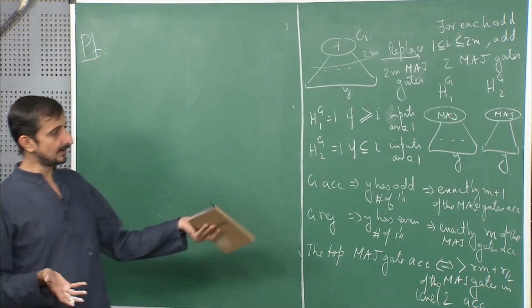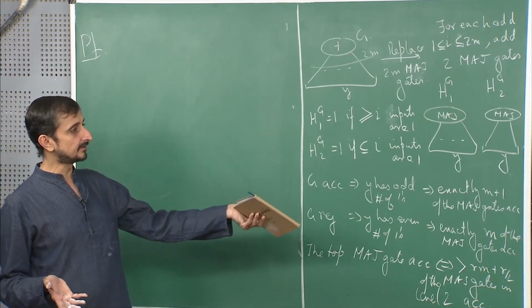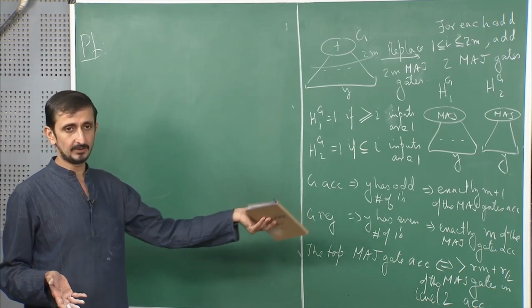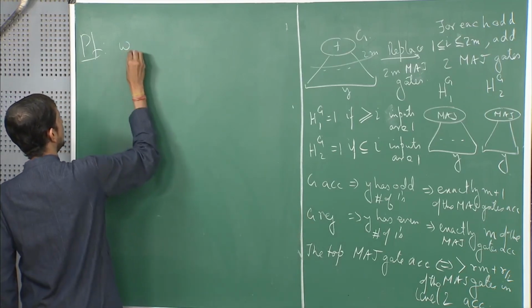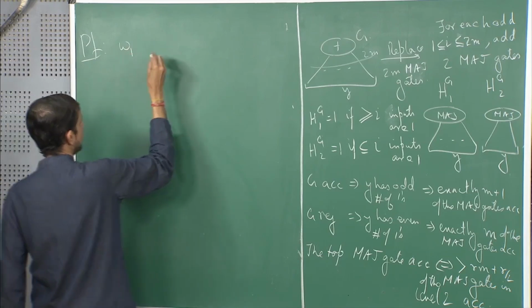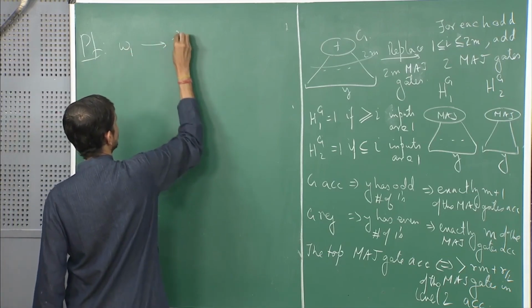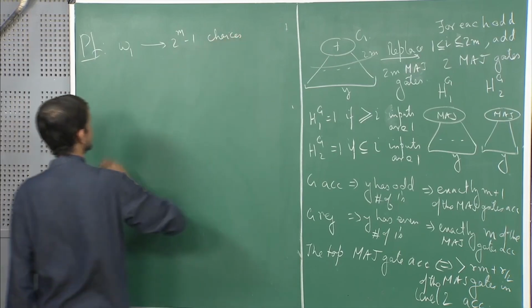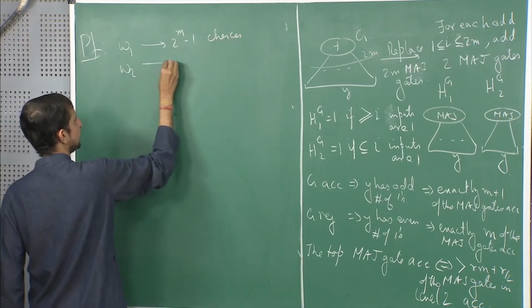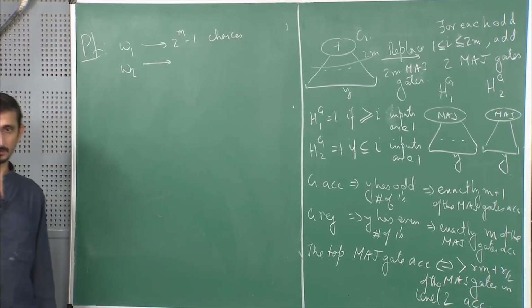For this set to be linearly independent, note that none of the vectors can be the all 0 vector, right. So, for W1 I have 2 to the power m minus 1 many choices. Now, how many choices will I have for W2?